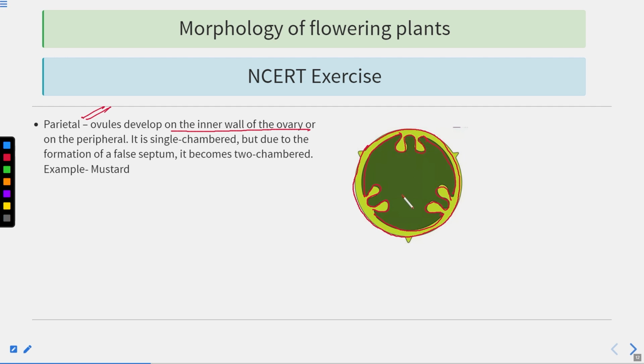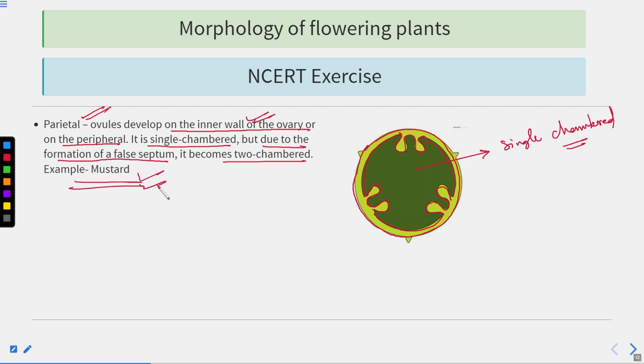On the periphery of the inner wall of the ovary, it is single chambered. It is not divided into any locules. But due to the formation of a false septum, it sometimes becomes two chambered. The best example is mustard. So mustard shows parietal placentation.